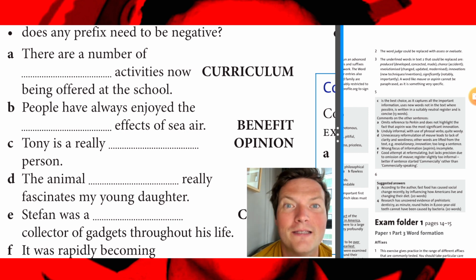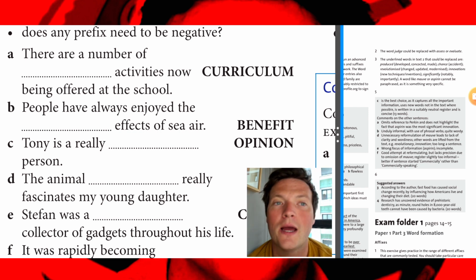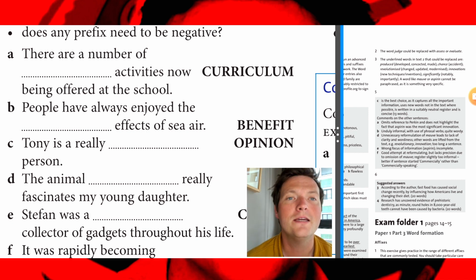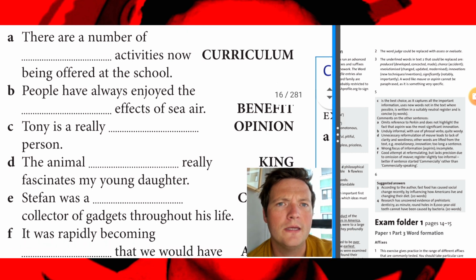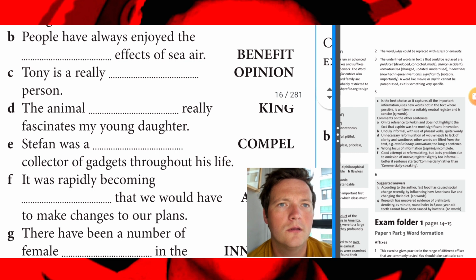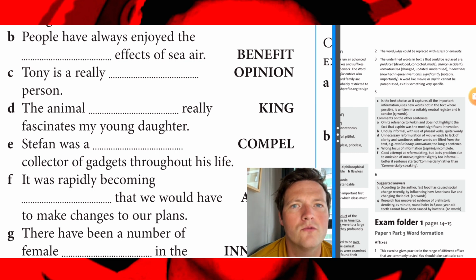Okay, letter C. Tony is a really opinion person. Well, he's a person who has a lot of opinions, so what adjective would we use to describe him? He's a really opinionated person, I think is what we would say. The animal king really fascinates my young daughter.